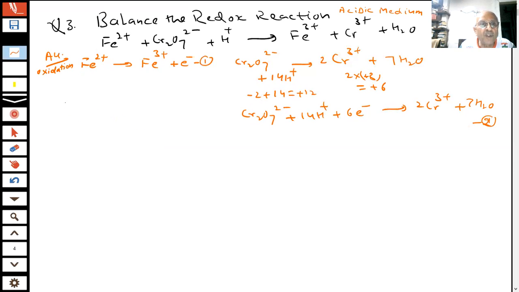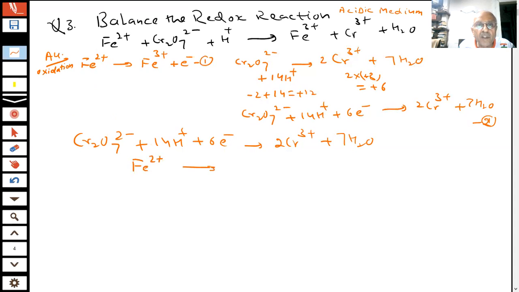So you have two equations. What is the problem then? I will write on the paper like this: Cr2O7 2- plus 14H+ plus 6 electrons gives me 2 chromium 3+ and 7H2O. And what is the second equation?